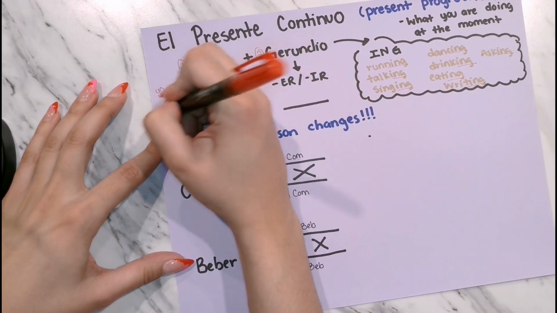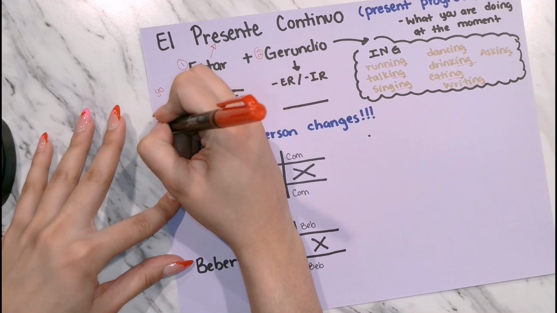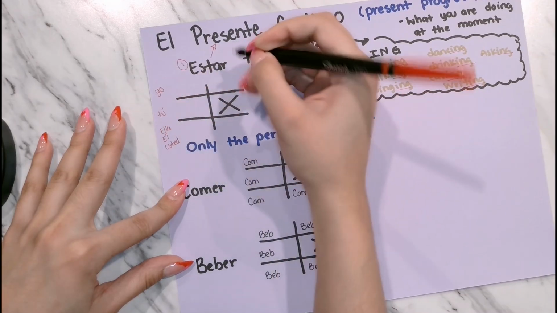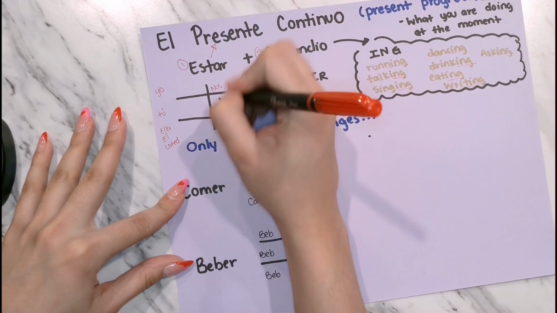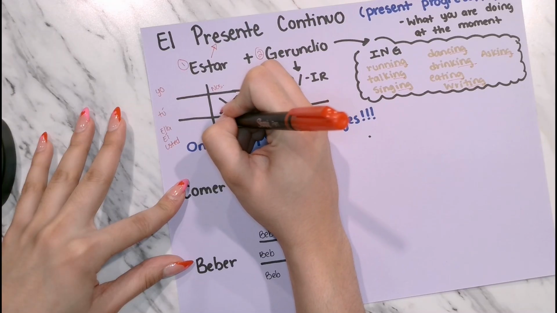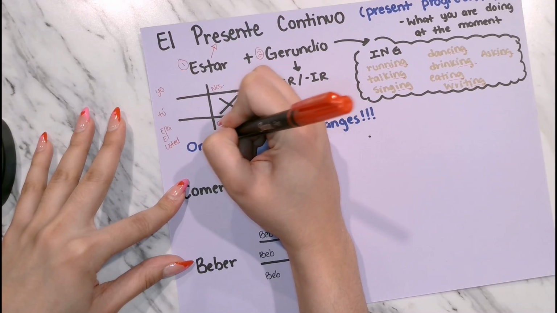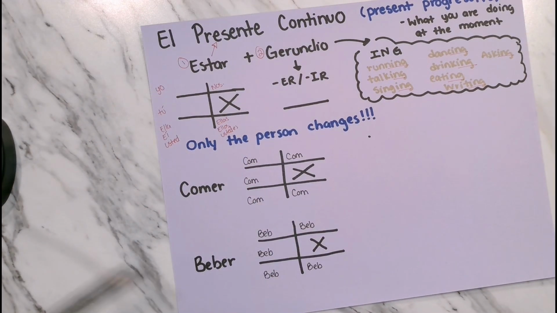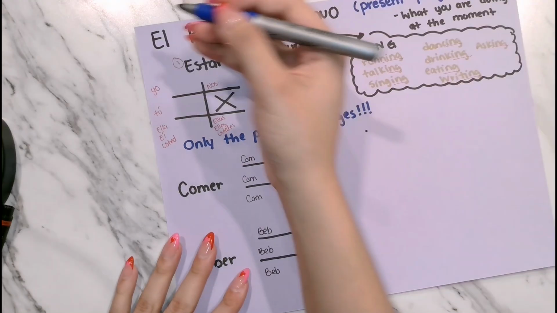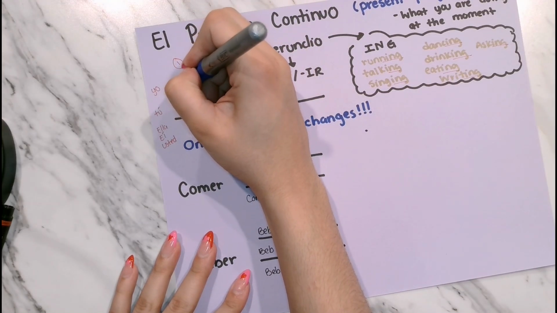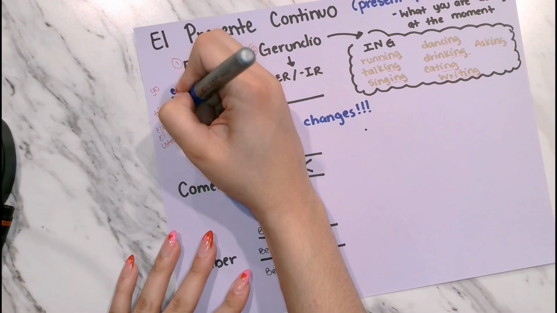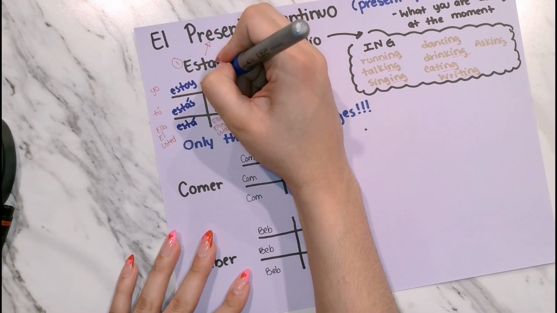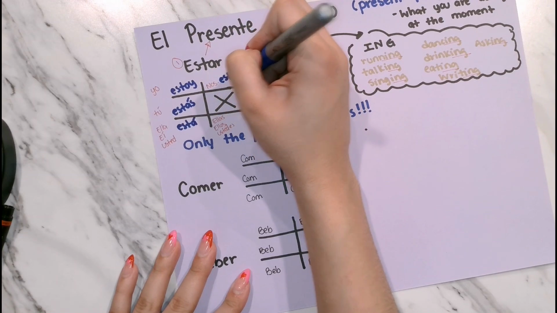Tenemos yo, tú, ella, él, usted, nosotros, ellas, ellos, ustedes. Ya nosotros sabemos que es estoy, estás, está, estamos, están.